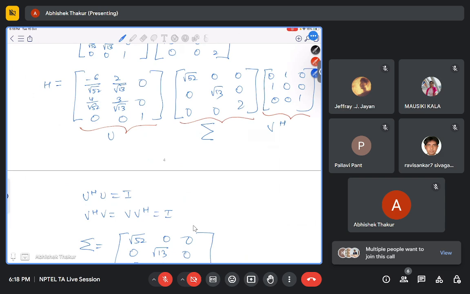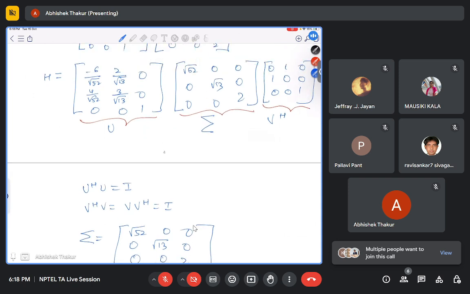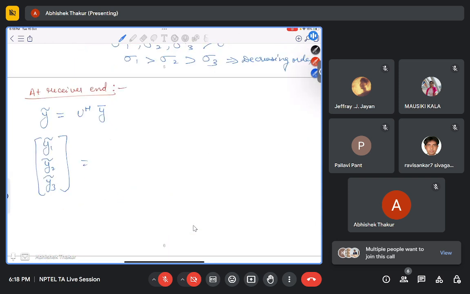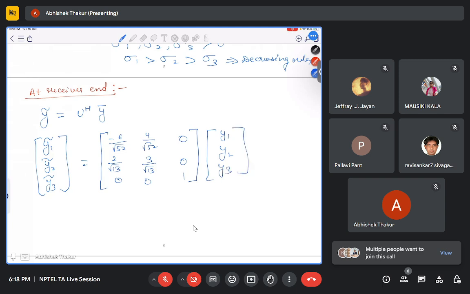We will take the transpose of this matrix because this is a real matrix. So it will become minus 6 by root 52, 4 by root 52, 0, 2 by root 13, 3 by root 13, 0, 0, 0, 1. So this is our y tilde.